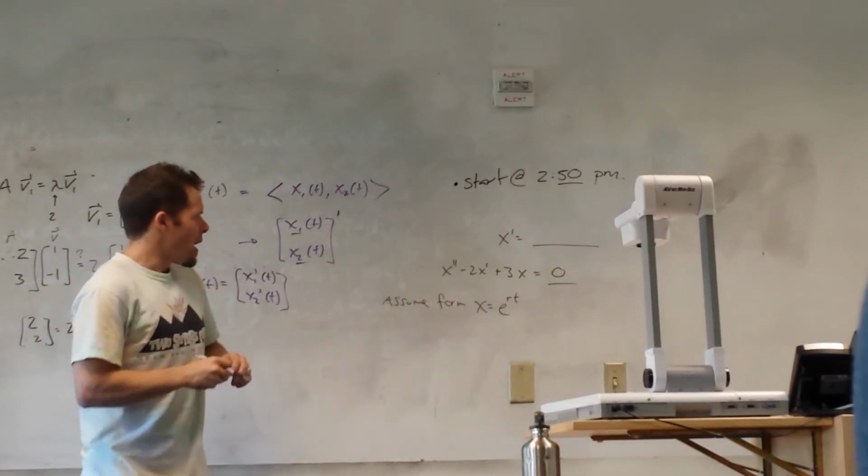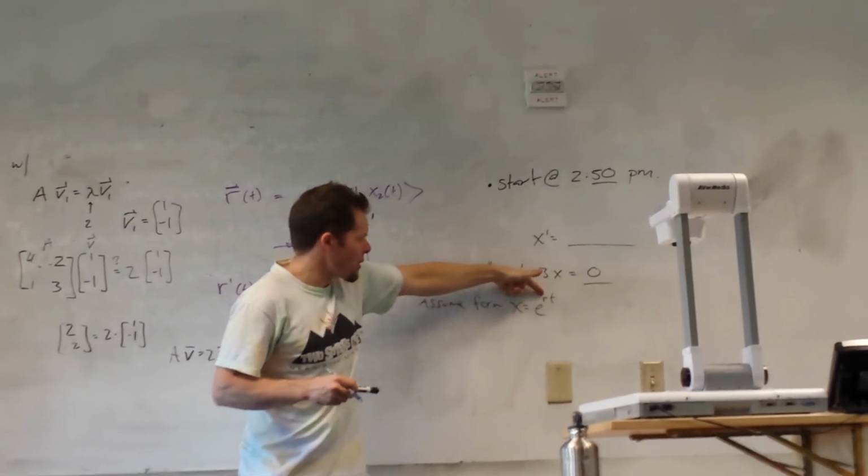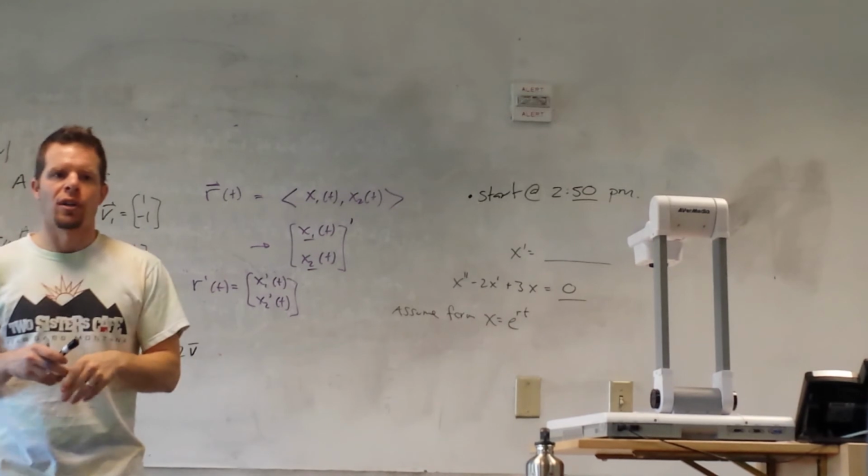And r represented a real value, and when we plug it in, we got what's called a characteristic equation that we solve for r, right?